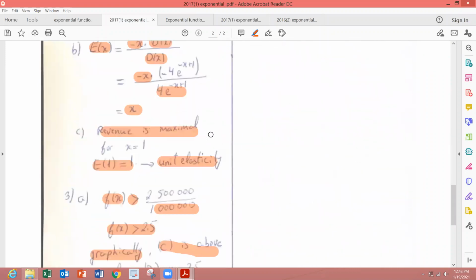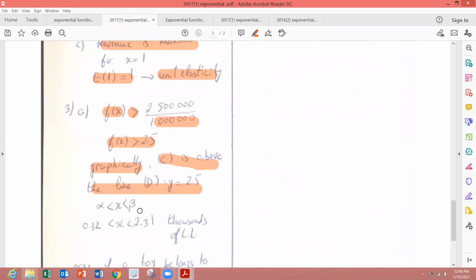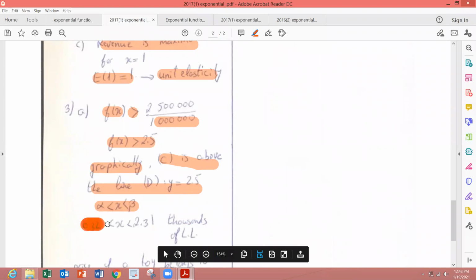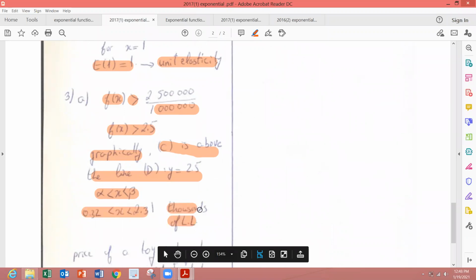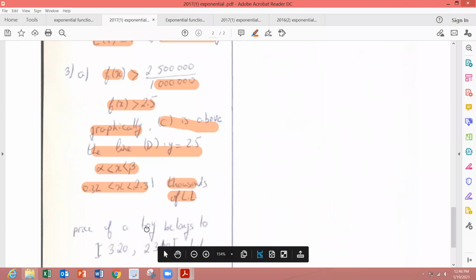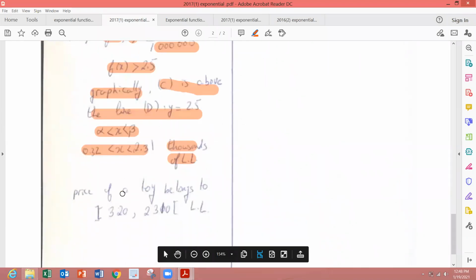We write x is between 0.32 and 2.31 thousandths of Lebanese lira. So the price of the toy should vary, multiplying by 1,000, between 320 and 2,310 Lebanese lira.